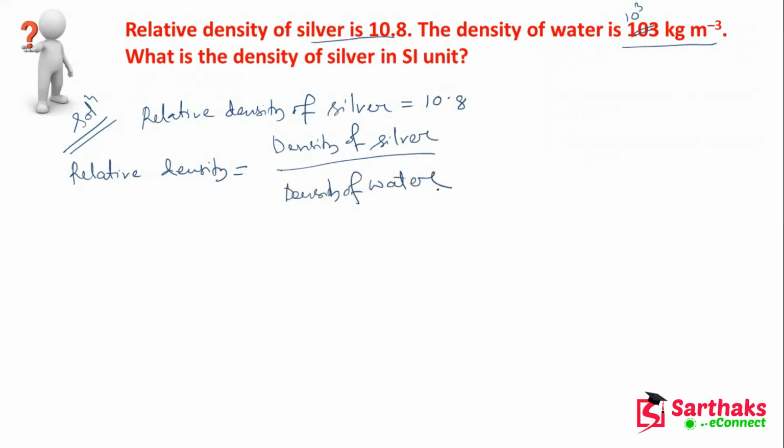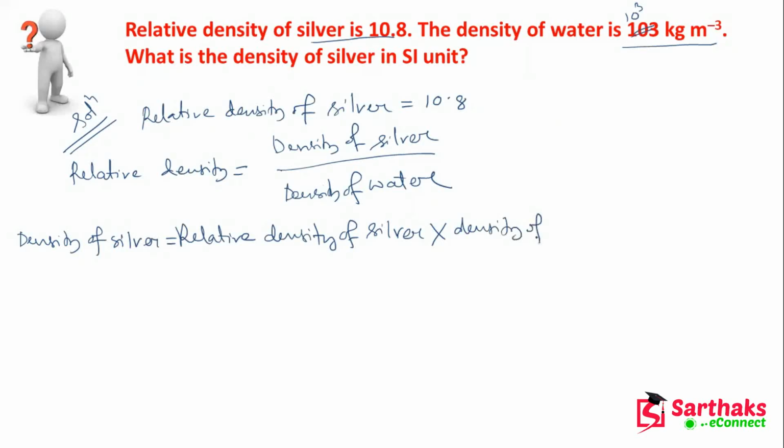So the density of silver equals the relative density of silver multiplied by the density of water.